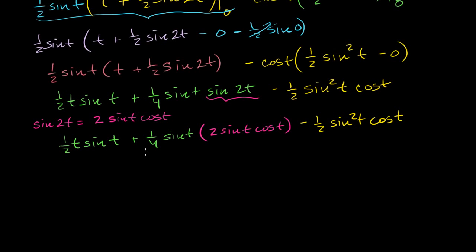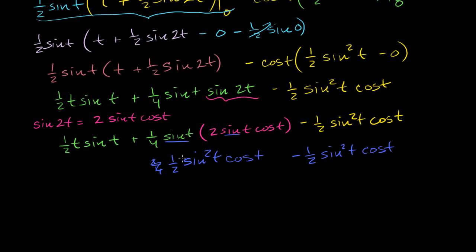So what is this simplest? Let me just rewrite this part. So this is equal to 1/4 times 2, which is 1/2, and then sine squared of t, this sine times this sine, squared of t, cosine of t. And then this one over here is minus 1/2 sine squared of t cosine of t.